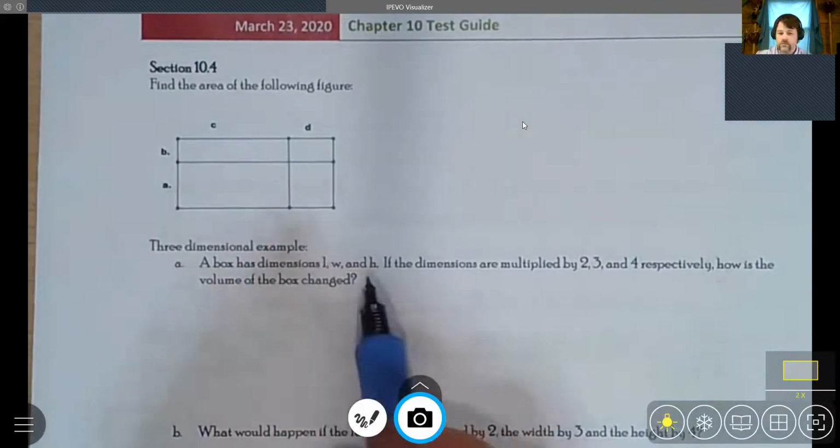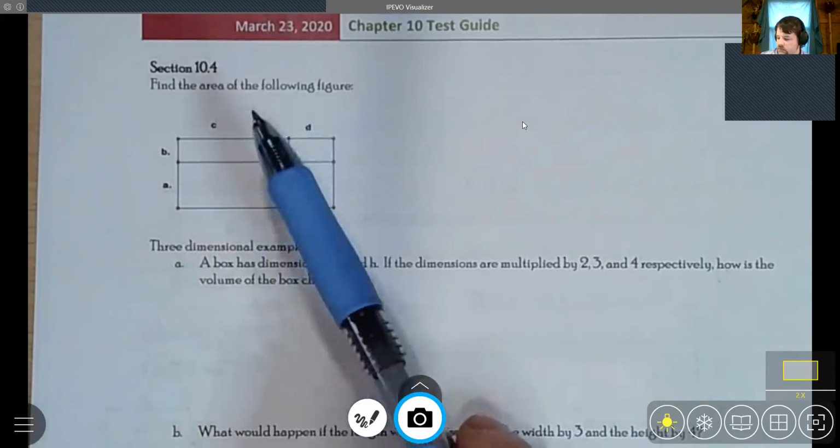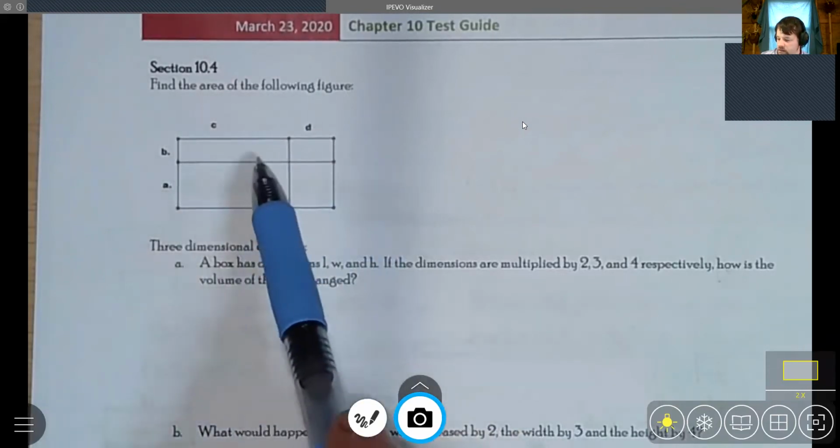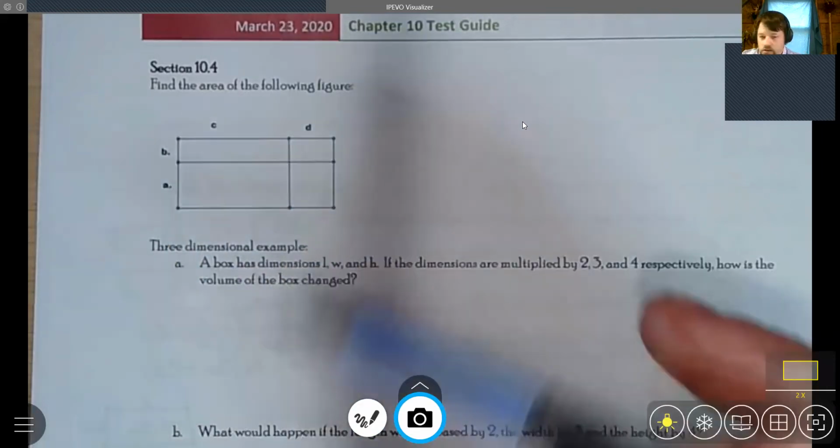All right. So this is kind of looking at how the area of the whole rectangle, we could look at it that way.